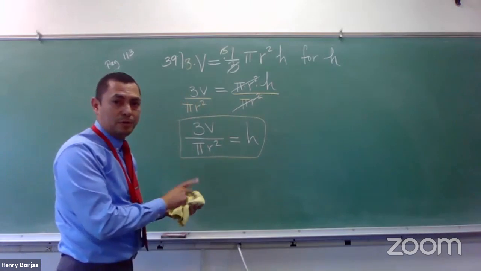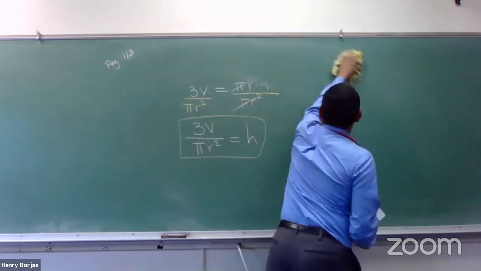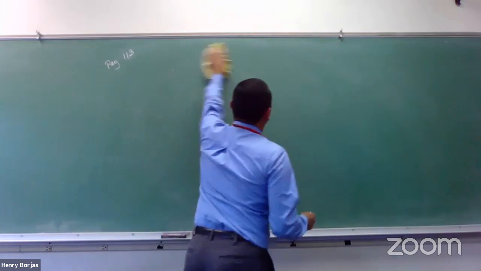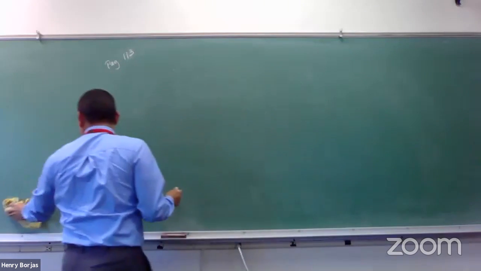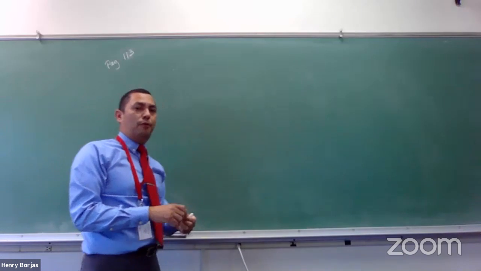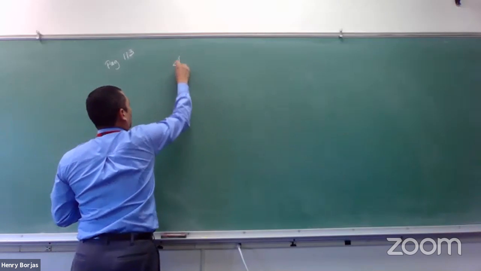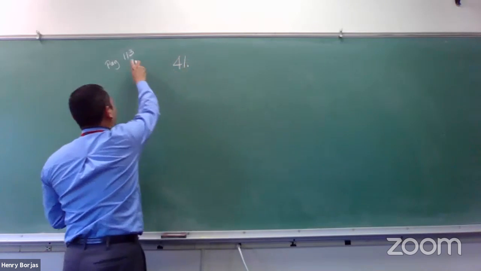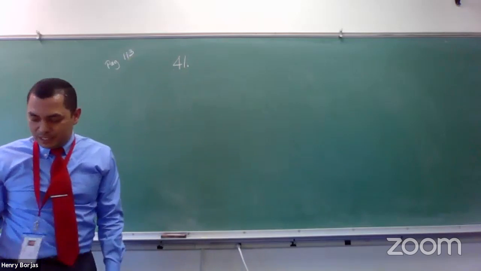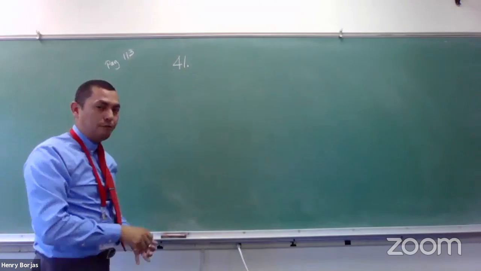Let me erase this one because I don't have space in the other one. Next problem I'm going to solve is problem number 41, page 113 of section 2.5, which is solving literal equations and formulas.